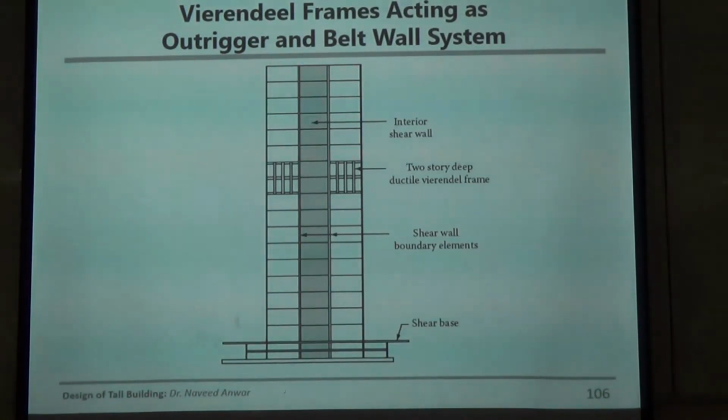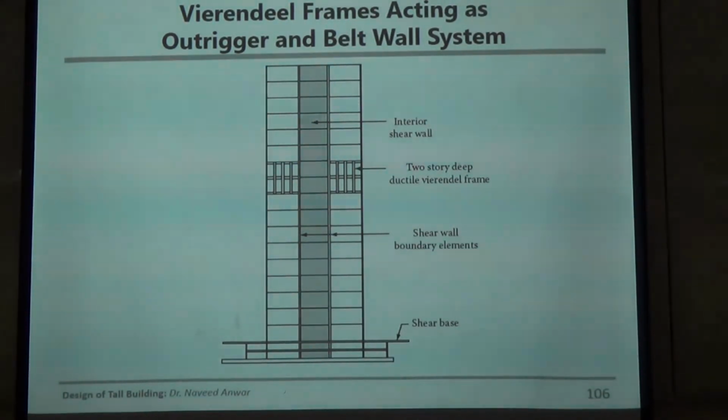The best example of Vierendeel, how many people have gone to Asok, BTS, Asok Junction? Okay, few people. There's a bridge over the Asok. If you come from the Asok road and the Sukhumvit, the bridge on the Sukhumvit road under the BTS, there is a bridge.